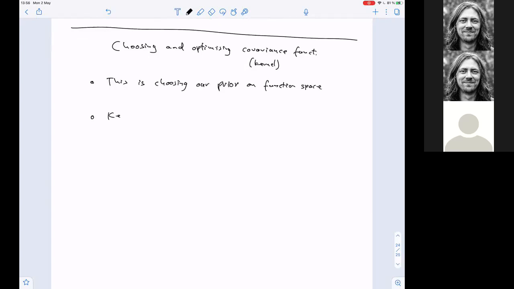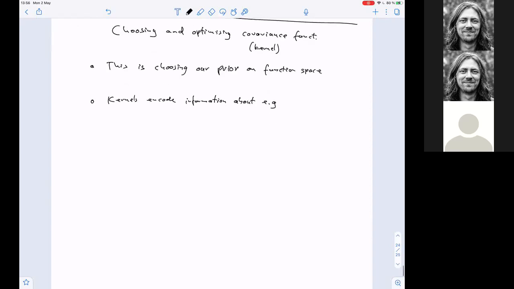So kernels encode information about, for instance, the smoothness of your function and the typical length scale.